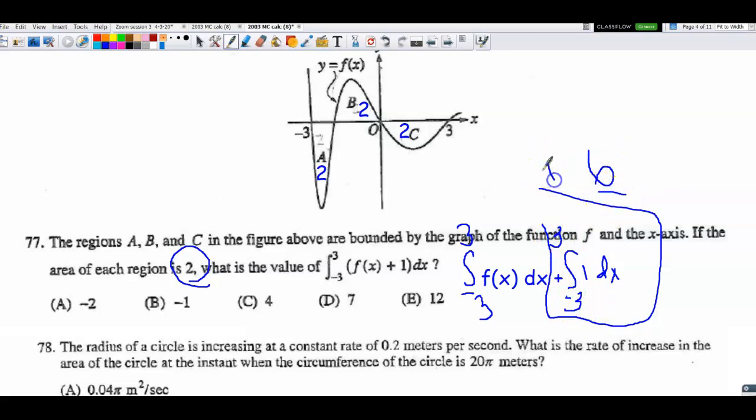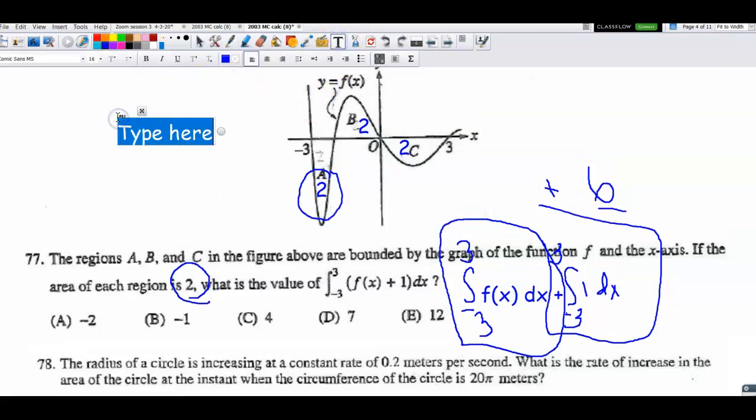And then we're going to have to add that to the accumulated area, the net area that we get from -3 to 3 of f of x dx. Remember we're starting at -3 and traveling to the right, so this first area is going to be counted as a negative, so that's -2.